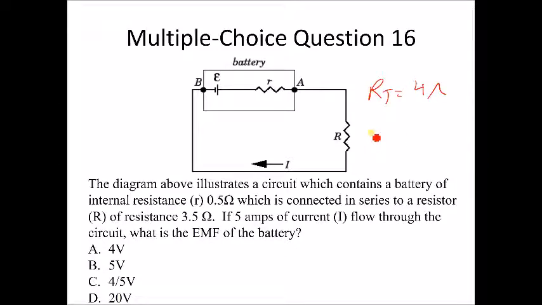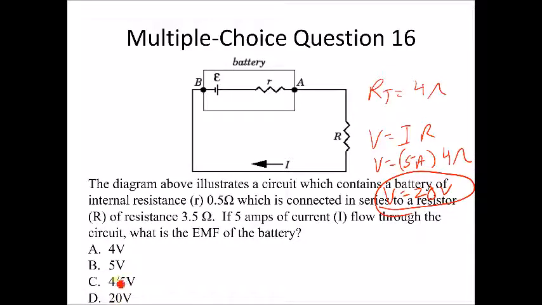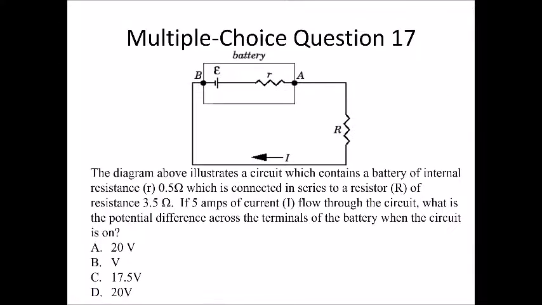Then to find the theoretical EMF of the battery, we use Ohm's law, V equals IR. We have a total of 5 amps and a total resistance of 4 ohms. So we get a battery voltage or EMF of 20 volts. So our answer on this one should be D. So let's move on to 17.